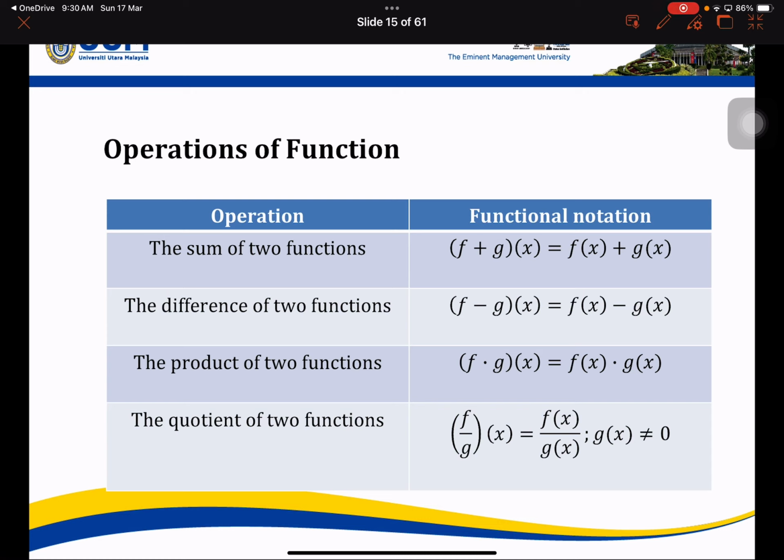If you change the sign, it means you write negative f(x). So we only change the sign when we have 0. If we don't have 0, don't change the sign. Stick with the sign. Okay?